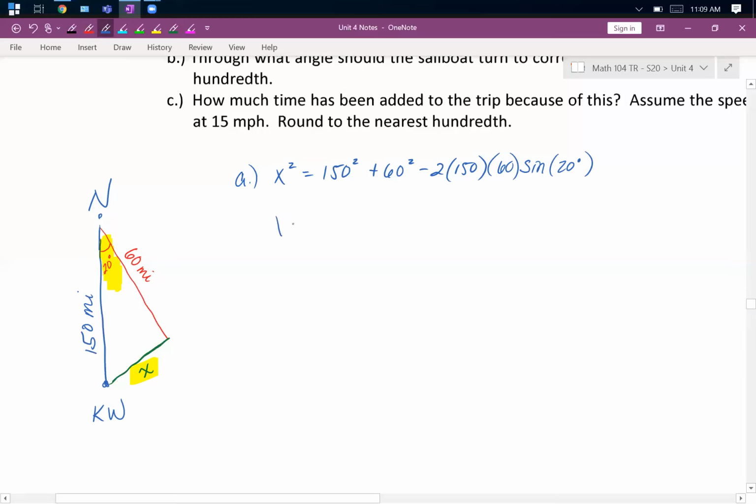I know x is going to be the square root of all of this, so I would just plug it all in at one time. And then we'll round to our nearest hundredth. I do not have this example in my notes worked out, so I will need an answer, please.